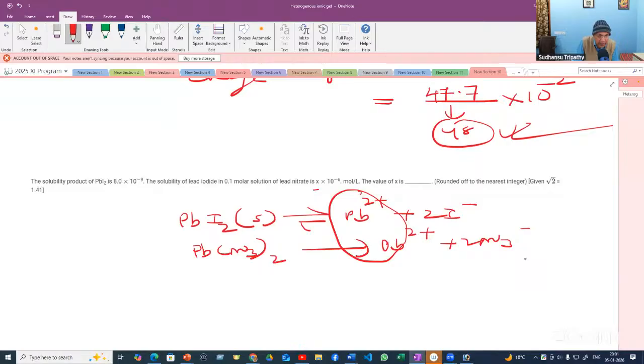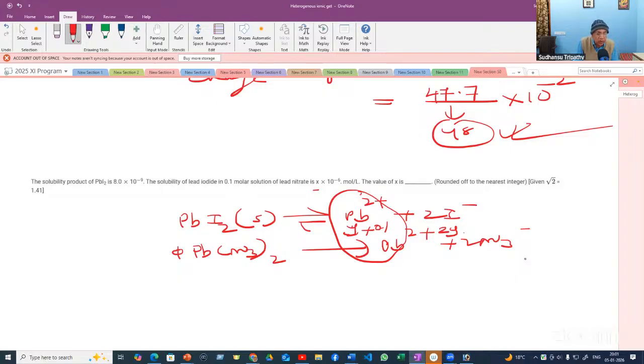So Y plus the lead ion coming from the lead nitrate, 0.1, is the lead concentration, because that is the common ion, and 2Y is the iodide ion concentration. That is the uncommon ion.